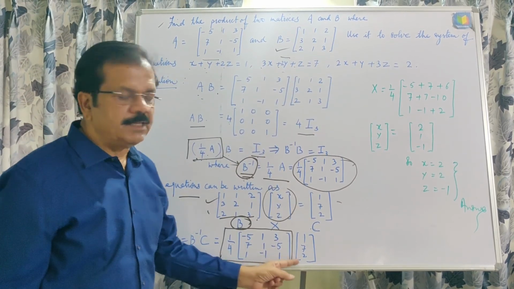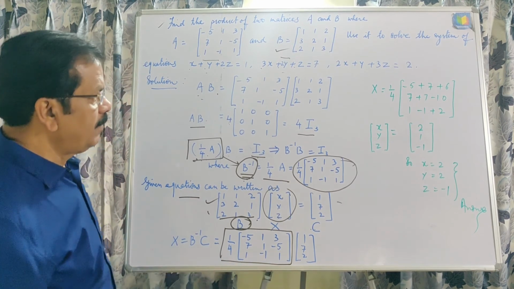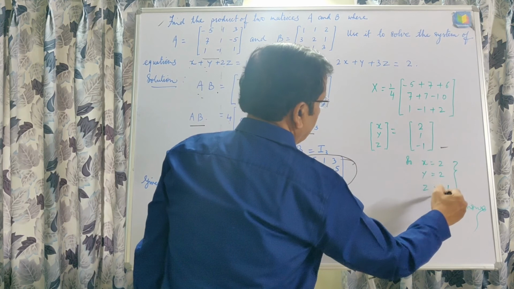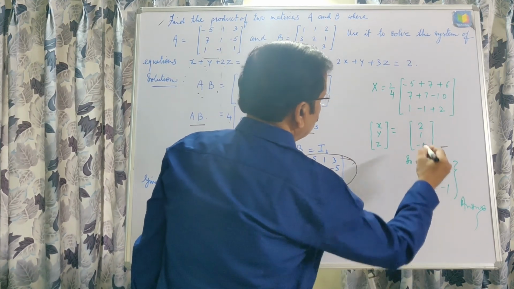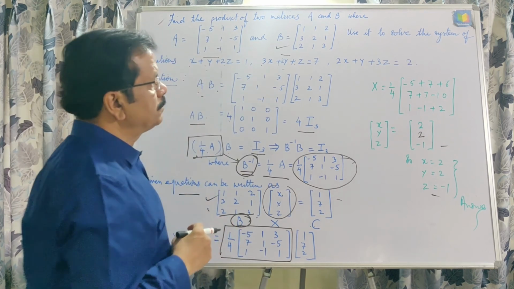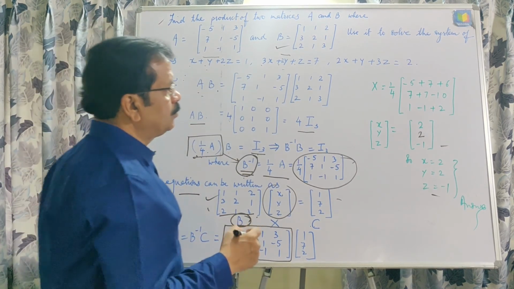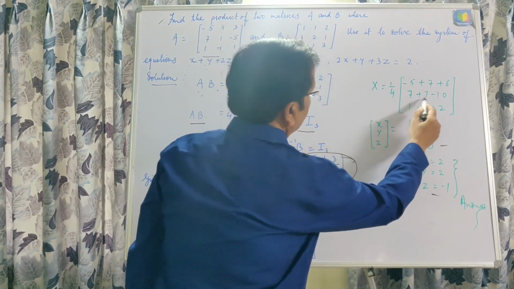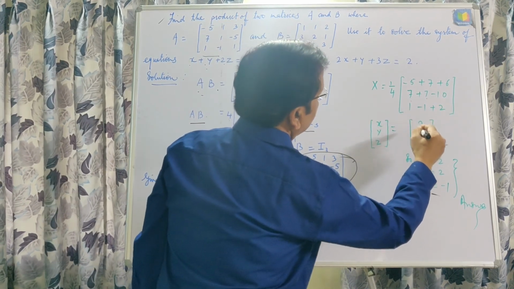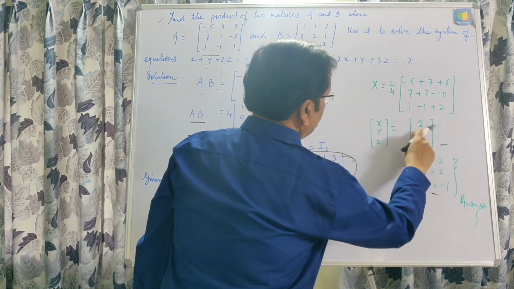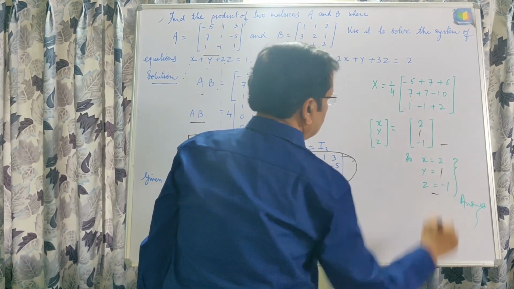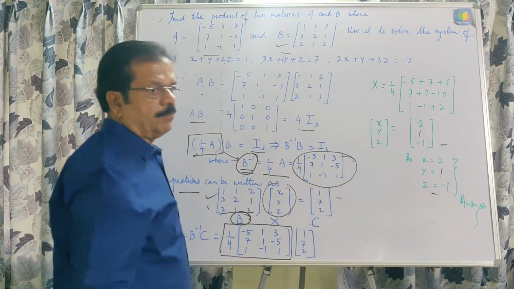So after multiplication we can get the value of X Y Z: this will be 2 and 2 and minus 1, 7 plus 7 14, minus 10 means 4, and then this will be 1 1 and 2 1 and minus 1.